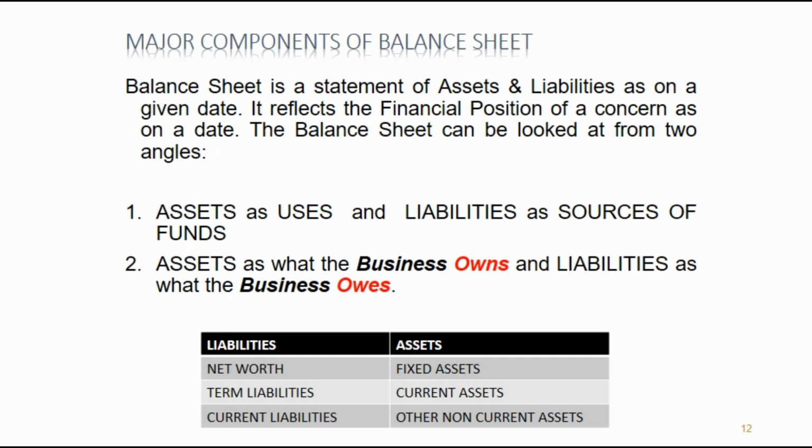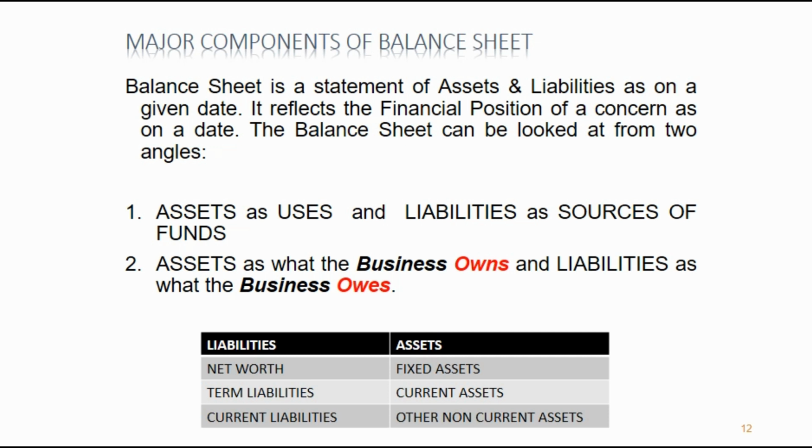The balance sheet can be looked from two angles: assets, which are the uses, and liabilities are the source of fund. So anything which is coming in the company are the sources of fund, and anything which is being used are the assets. So assets are what the business owns, and liabilities is what the business owes.